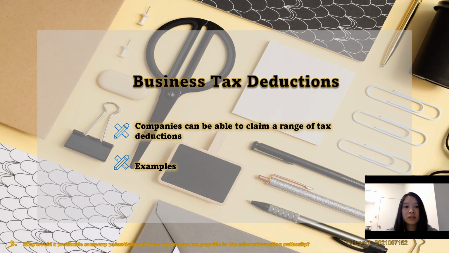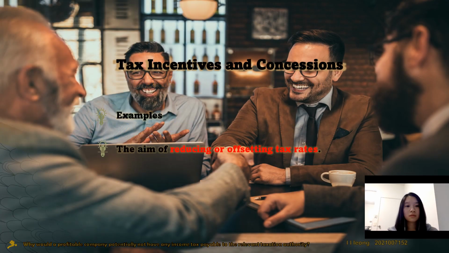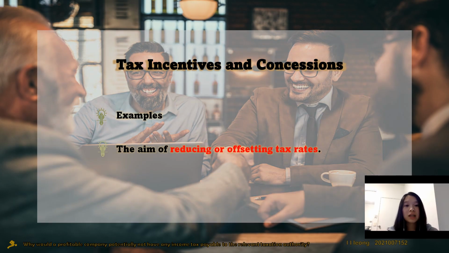The next reason relates to business tax deductions. Companies can claim many deductions, such as daily operational expenses and services related to their business operations. Lastly, tax incentives and concessions also contribute to tax-based practice.